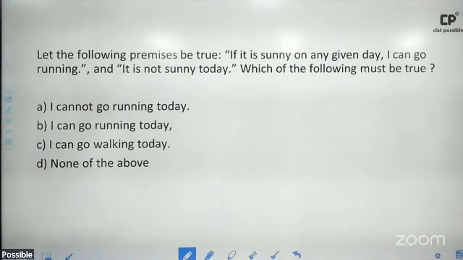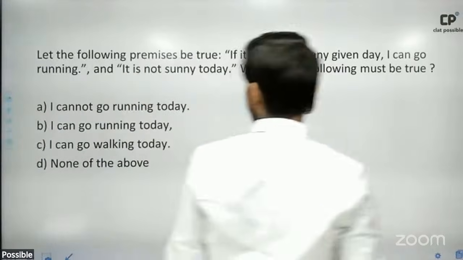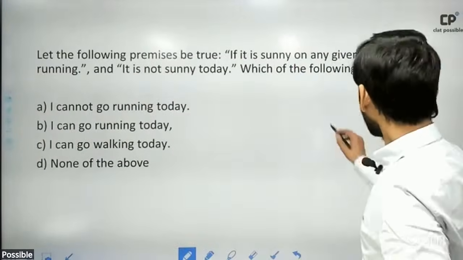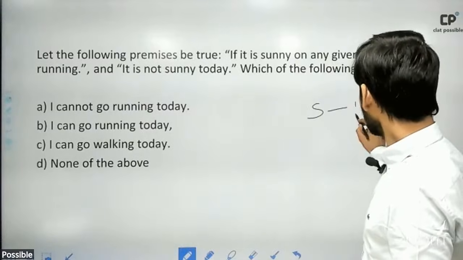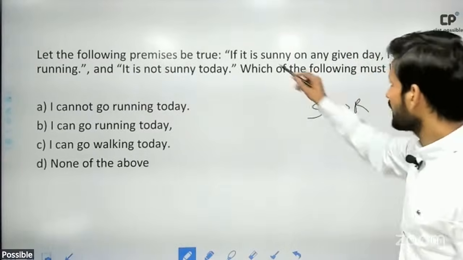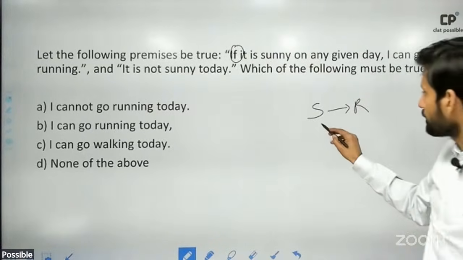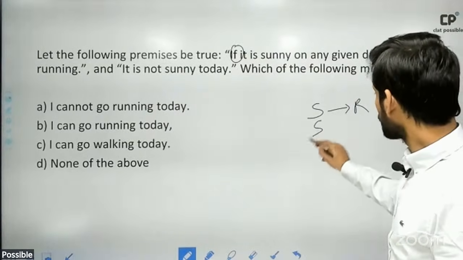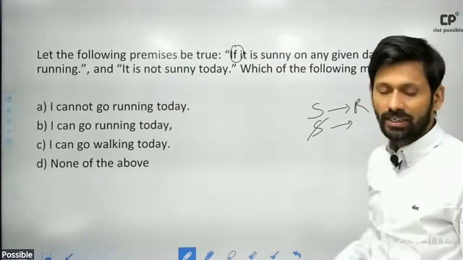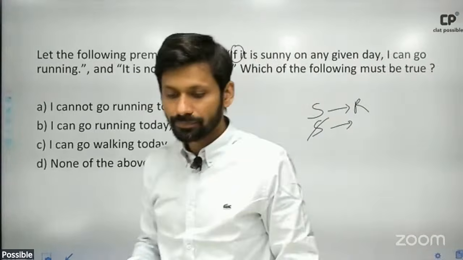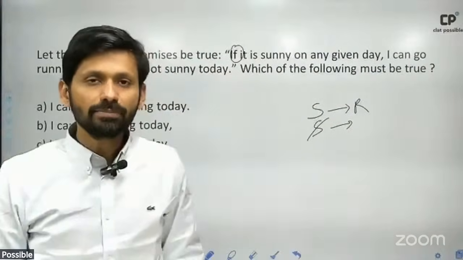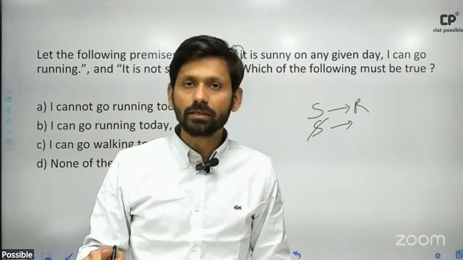Okay, so if it is sunny, I can go running. So sunny, running. If है ना, so sunny is sufficient to run. It is not sunny. Not sunny. What can I say? Not running. A then B, say not A, not B.